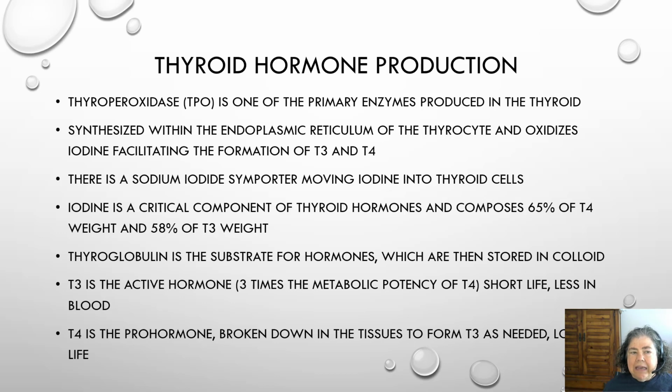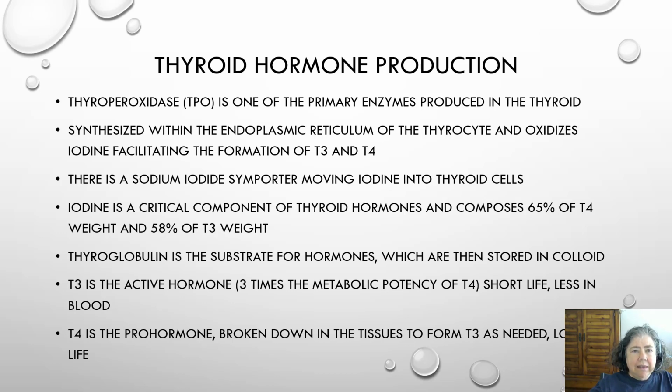The iodine is moved into the thyroid cells by a sodium iodide symporter. So sodium is moving down its concentration gradient because of the action of the sodium potassium ATPase, and it is carrying with it iodide out of the extracellular fluid and into the cells.